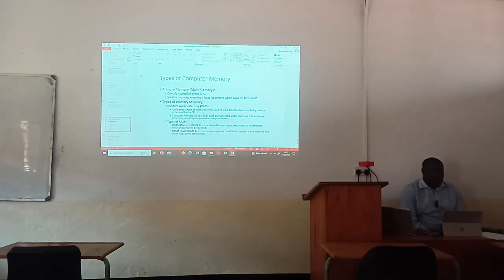So its functions contain things like BIOS, which stands for the basic input-output system. When you are booting the computer, it shows the logo, and you can't change it. It's contained in the ROM, read-only memory, usually like a chip. Whatever information is put there during manufacturing, you cannot change.